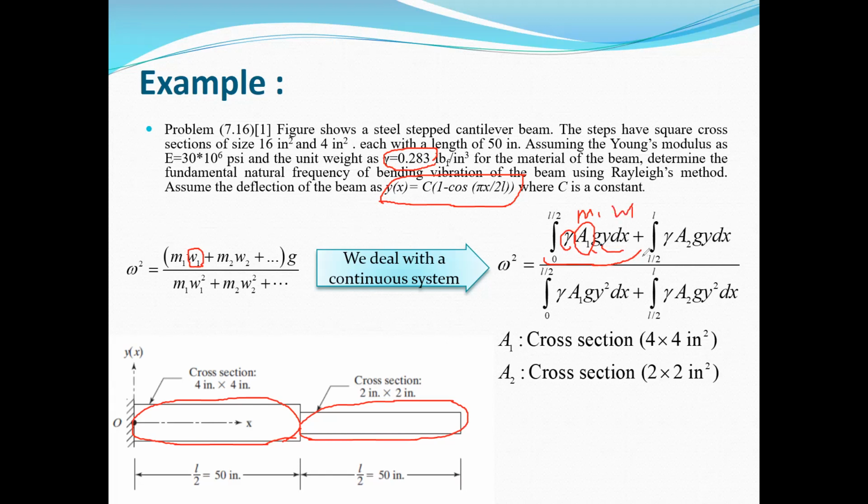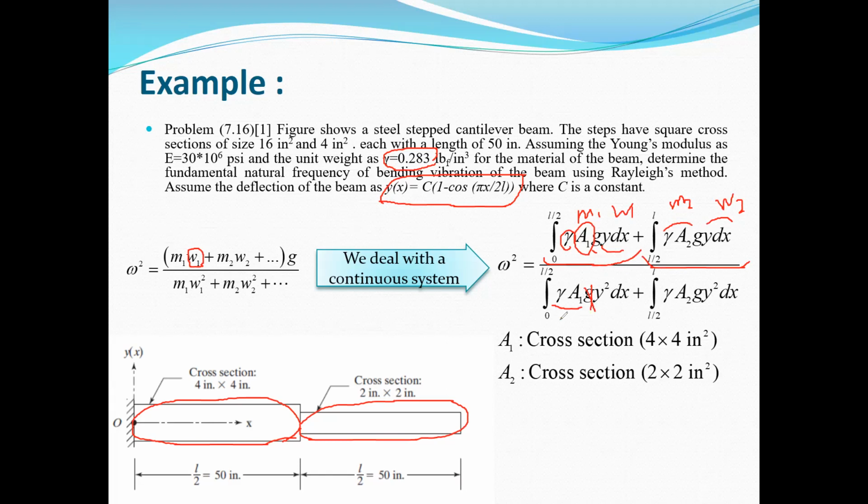For the second part of the beam, again we have gamma times a2, which is in fact the second mass m2, multiplied by y dx, which is w2. And in the denominator, instead of m1 w1 squared, we have gamma times a1. Of course, we don't have g in this term. I made a mistake here, a typo.